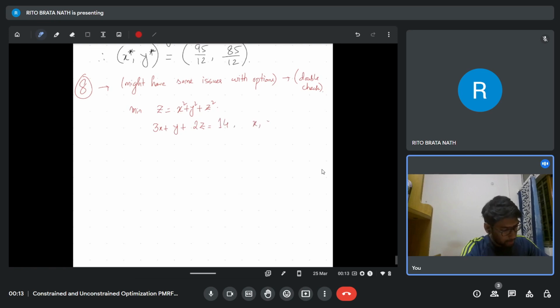And I tell you x and z are greater than or equal to 0. So in this case, what you can do is express y in terms of x and z. So this is by method of substitution.